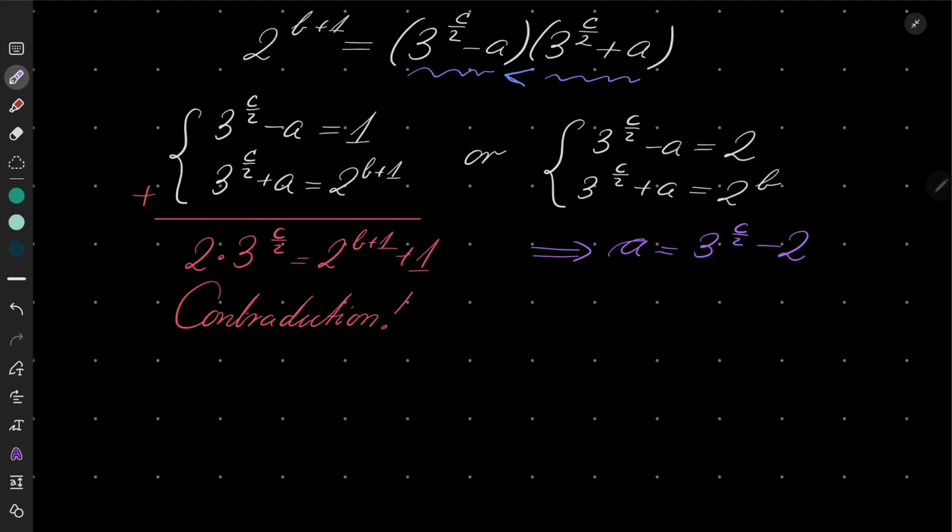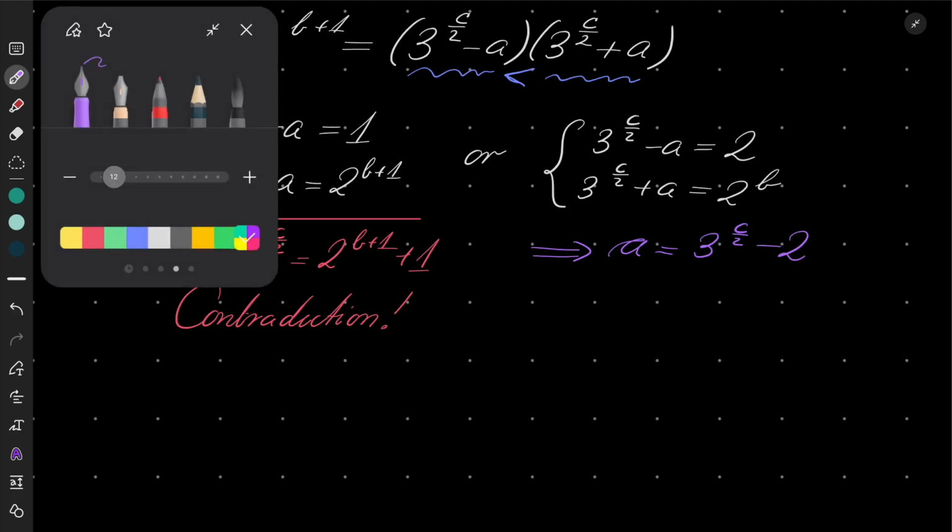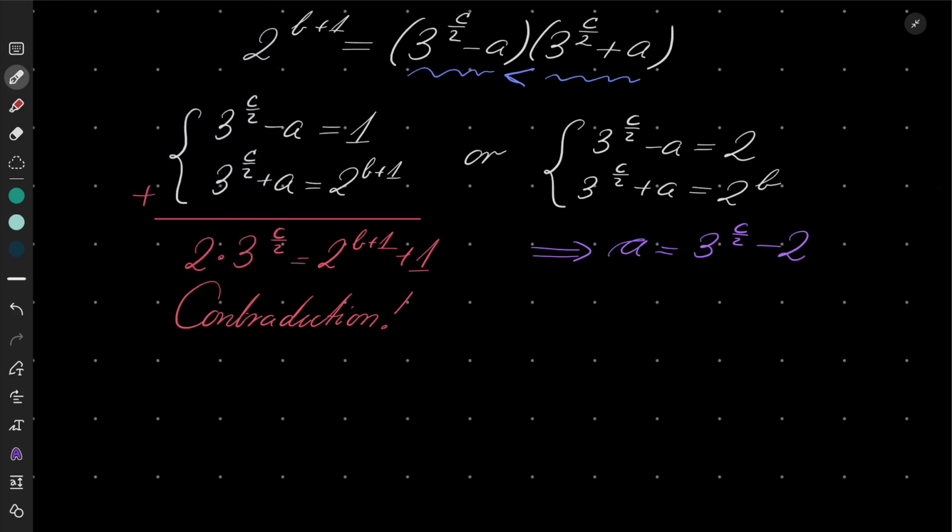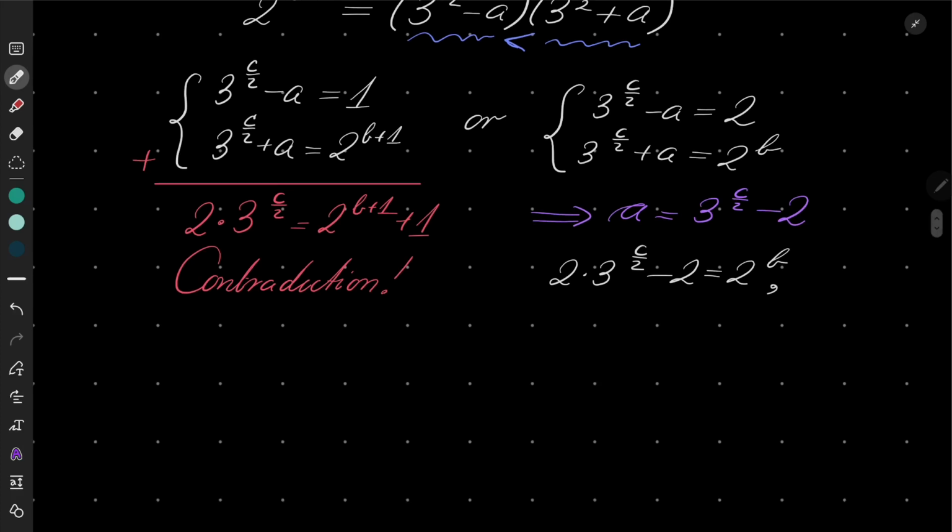And let's put this a into the second equation, and we will get the following. 2 times 3 to the power c over 2 minus 2 equals 2 to the power of b. After dividing both sides by 2, we get the following. 3 to the power c over 2 equals 2 to the power b minus 1 plus 1. If I am not mistaken. I am not. Okay, very well.